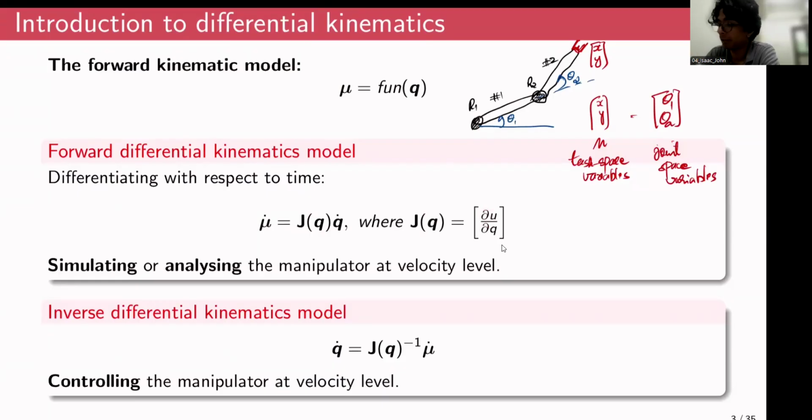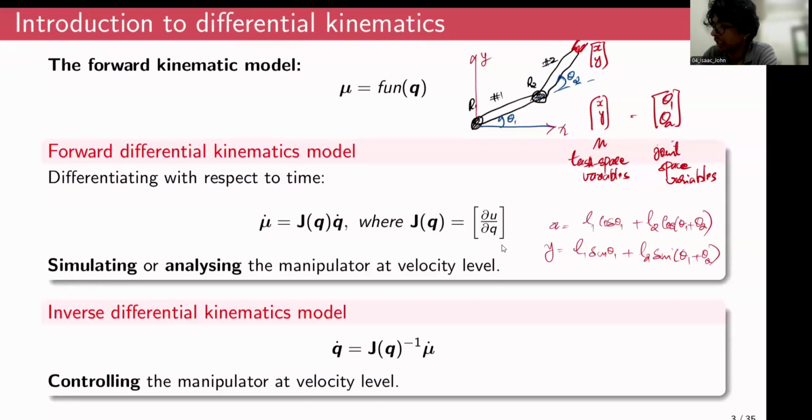For example, consider the forward kinematic model of an RR robot: the position x is L1 cos theta1 plus L2 cos(theta1 plus theta2), and y is L1 sine theta1 plus L2 sine(theta1 plus theta2), where we consider this direction to be the x-axis and this direction to be the y-axis.